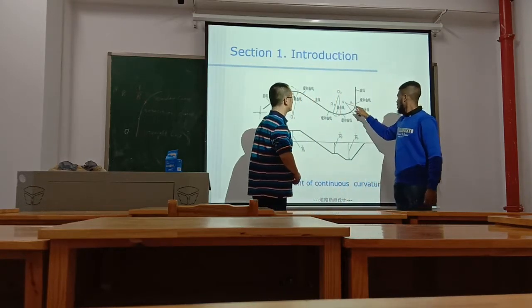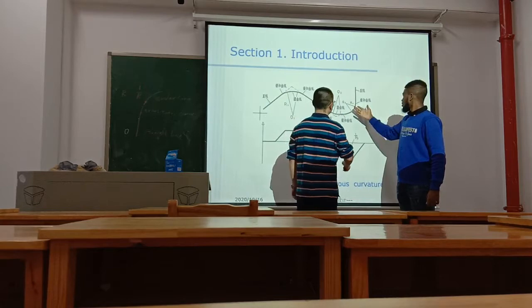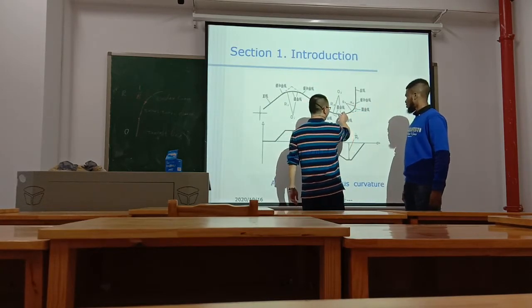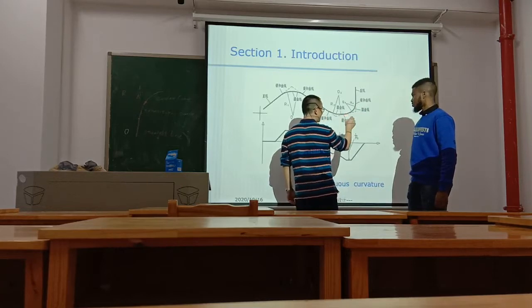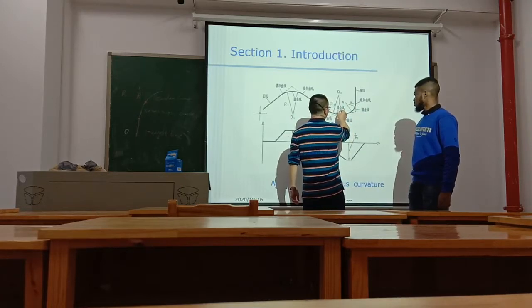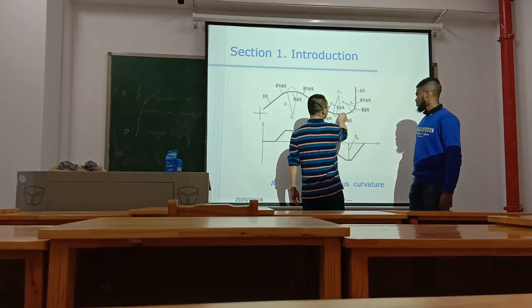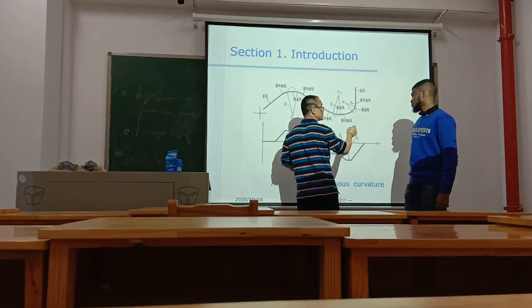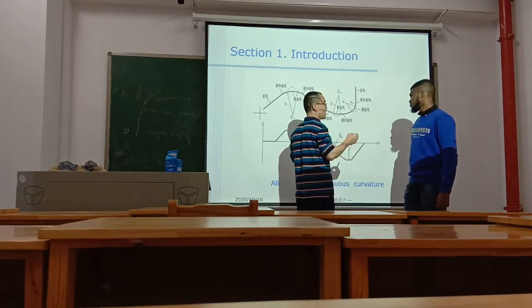It's difficult to understand because this is a circular curve and this is a circular curve. The radius is different.